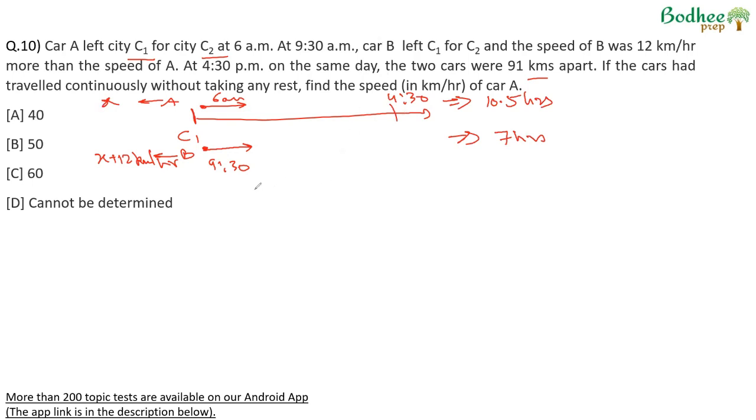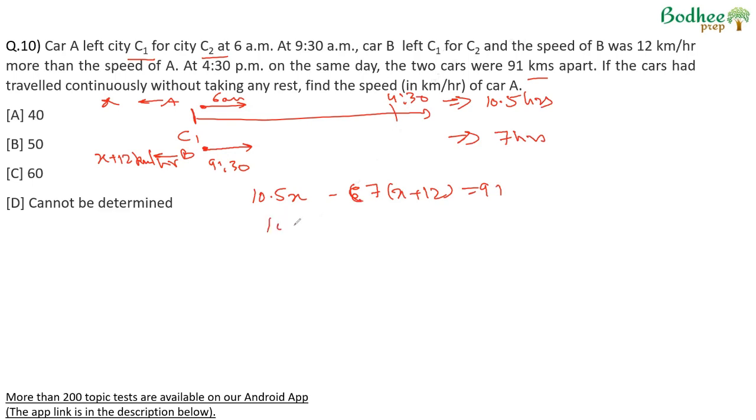So the distance traveled by A is 10.5x, time into speed, minus the distance traveled by B, which is 7 into x plus 12. This difference should be equal to 91, the difference between the two cars.